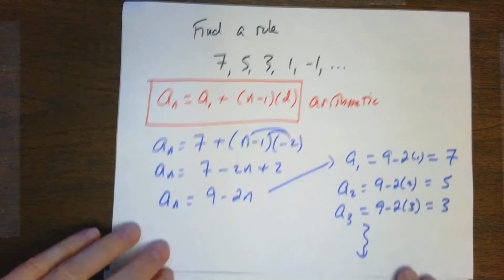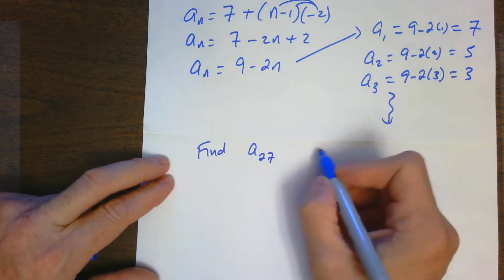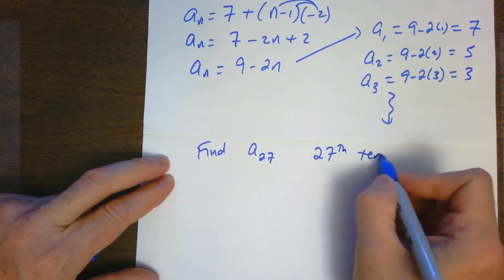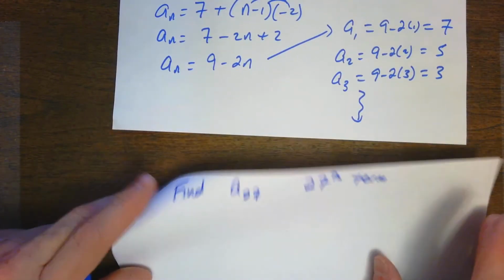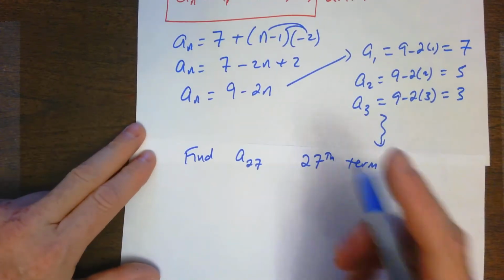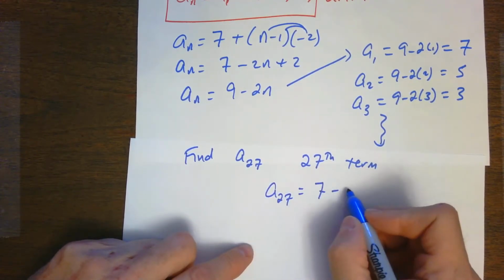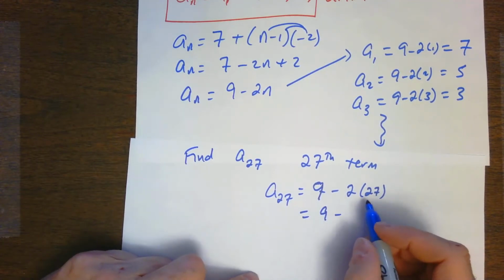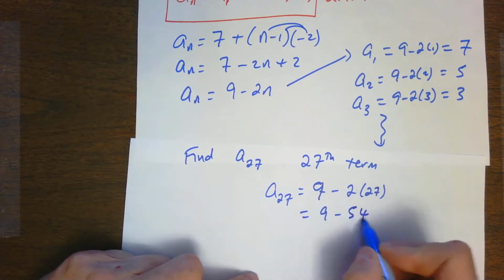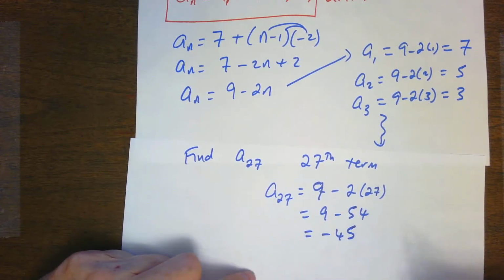Now I can do something like find the 27th term. Find a sub 27, which is the 27th term. And I don't have to take this sequence and keep going. I can just plug it right into my formula. A sub 27 is going to be 9 minus 2 times 27. 2 times 27, 54. 9 minus 54 is negative 45.